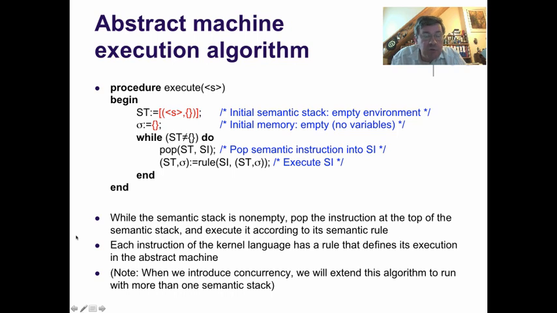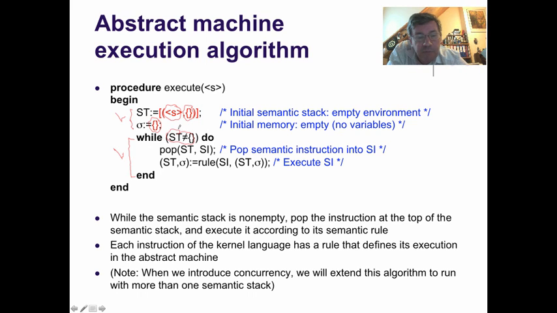When we execute a kernel language program, we have an execution algorithm, which is basically a loop. We start with an initial semantic stack, which has an empty environment together with the instruction we want to execute, and an initial memory, which is also empty. So there are no variables and no links between identifiers and variables. That's how we start. Then we have a loop that keeps going until the stack is empty.